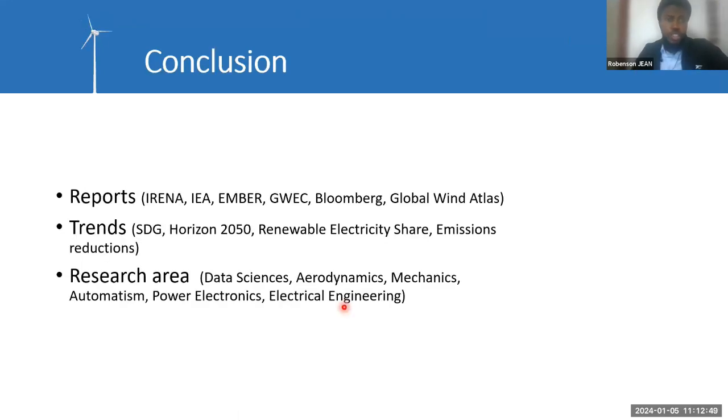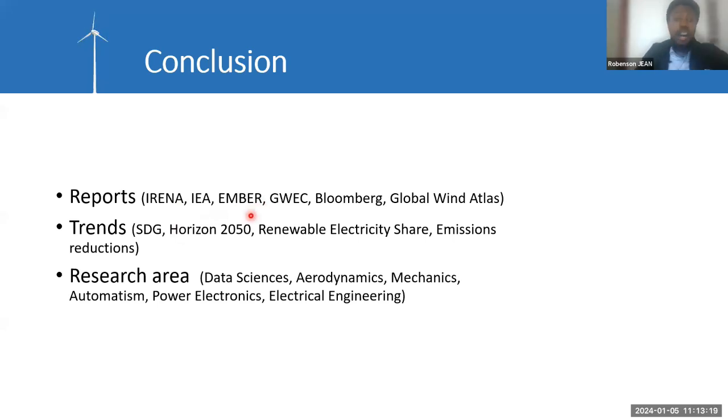So in order to conclude, we have some reports that we can check. And in these reports, we'll have the answers to a lot of questions, such as those related to the cost of energy. So there is IRENA, the IEA, the Ember reports.